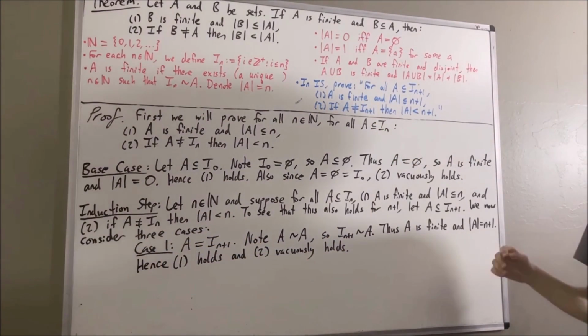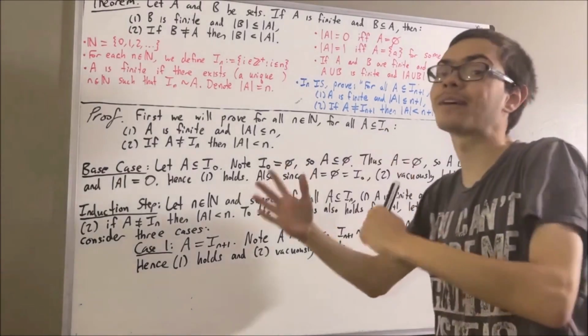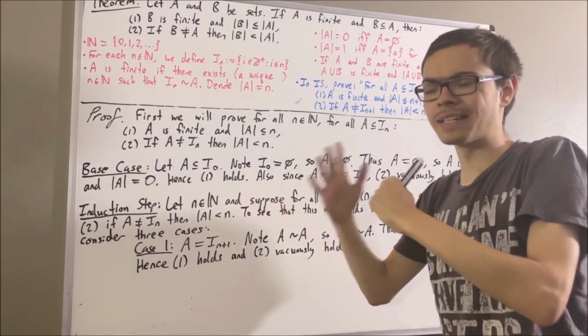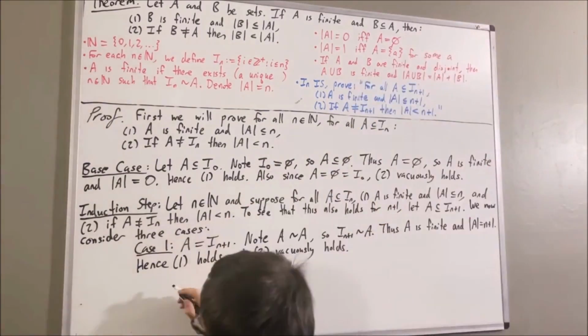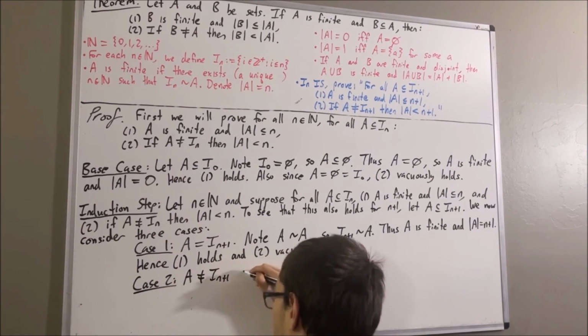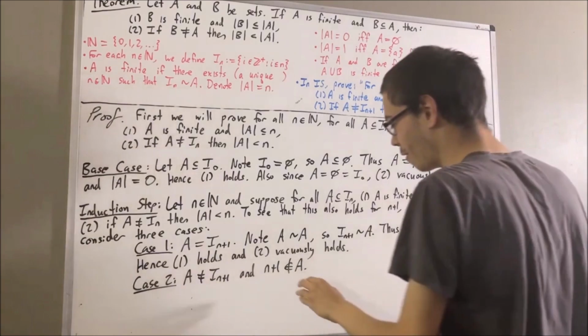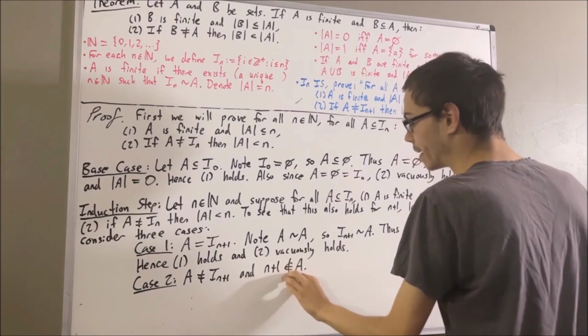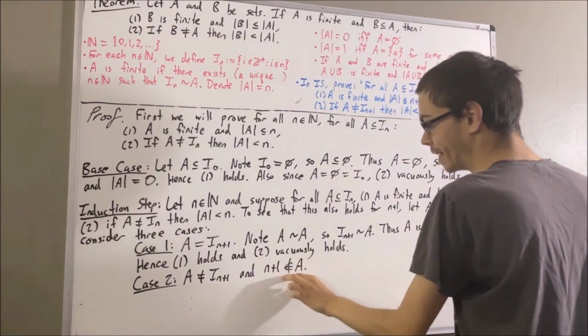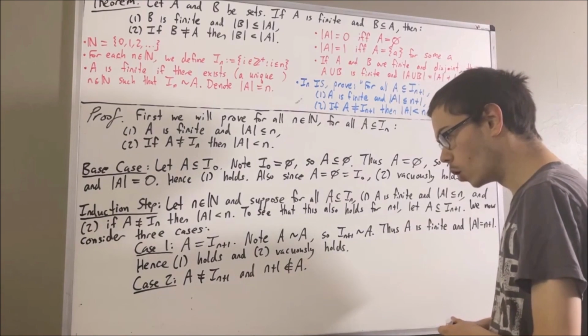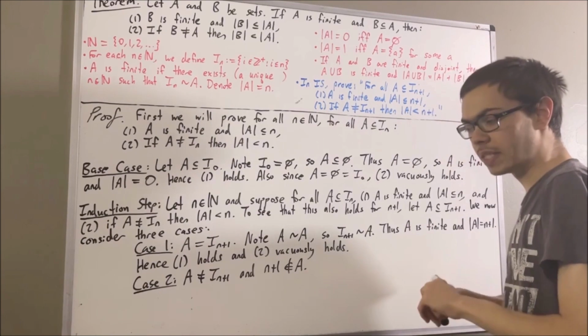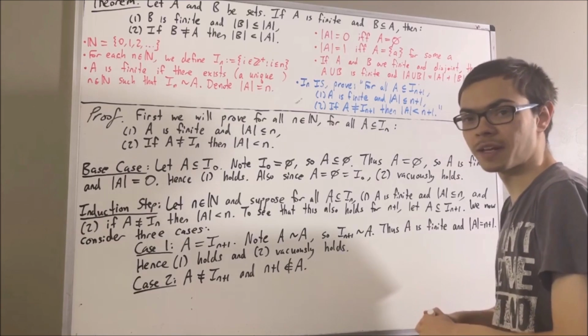Now let's move on to the second case where A is not equal to I(n+1) and n plus 1 is not an element of A. So why are we considering the possibilities of either n plus 1 is not an element of A versus n plus 1 is an element of A? Well, in this case, we see that A is a subset of I(n).